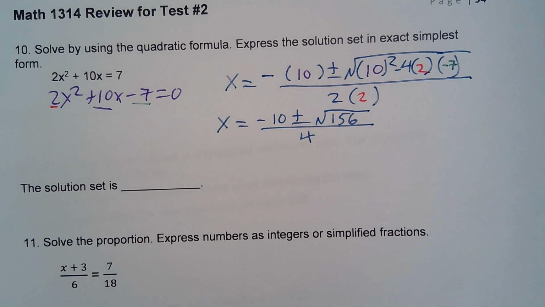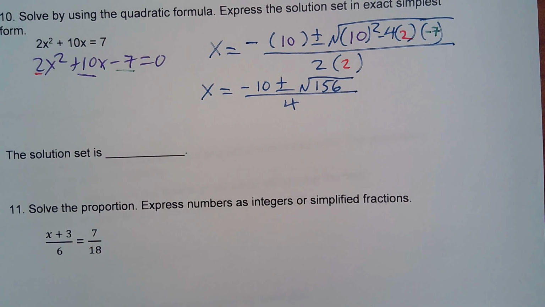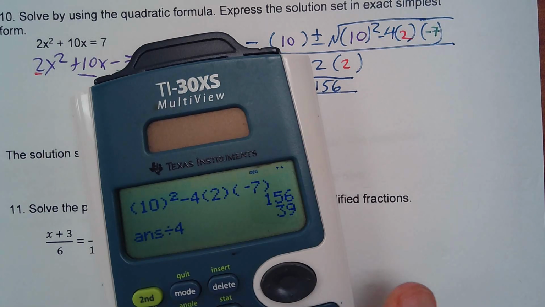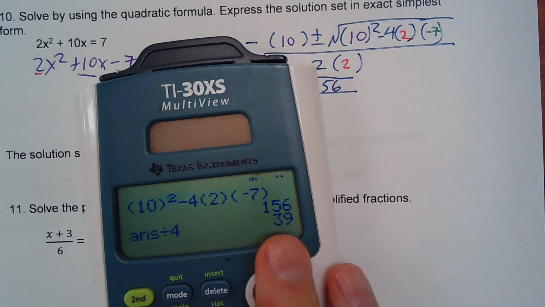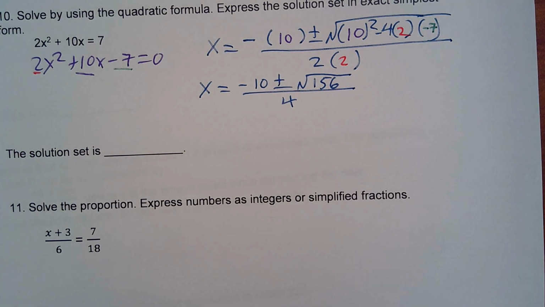Over 4. Well, 156 is divisible by 4. Goes in there 39 times, so I can write that 156 is 4 times 39. And then I take the square root of 4, it's 2, so that should simplify to 2 square root of 39.